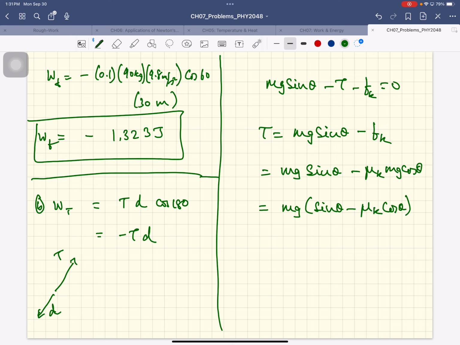That's the tension. All right, let's calculate that. Mg sine 60 minus 0.1 mg cosine 60.